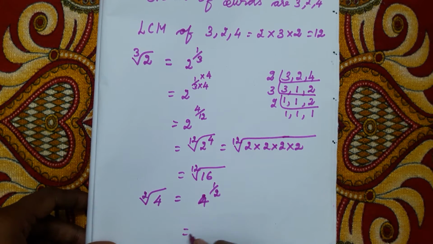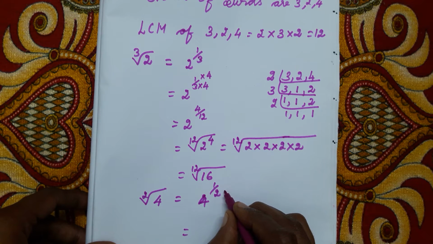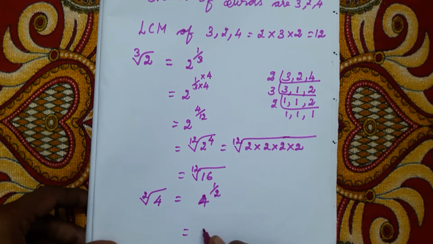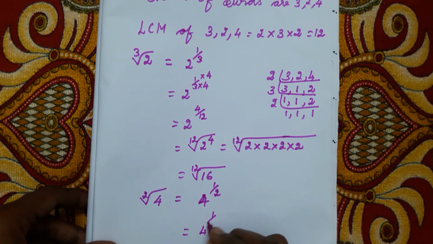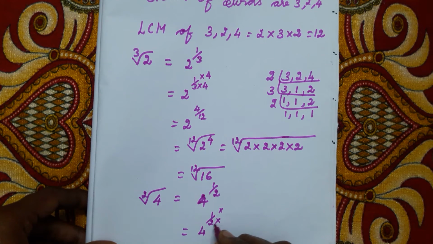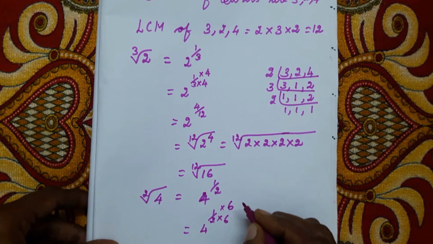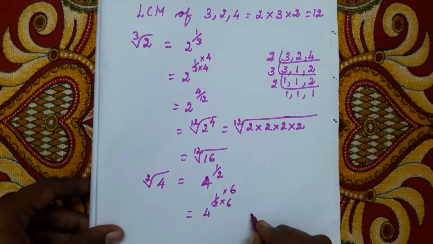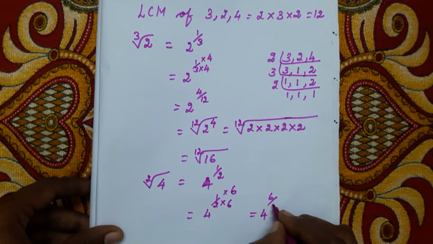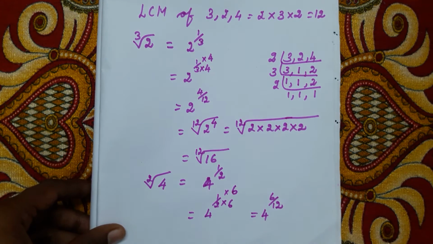Now we have to convert this 2 into 12. Which number do we have to multiply? 6. So we multiply the numerator and denominator of the power by 6. 2 into 6 means 12. So we get 4 power 6 by 12.